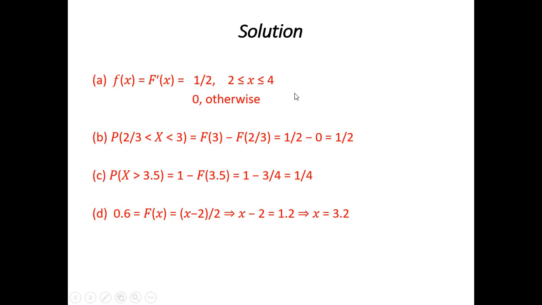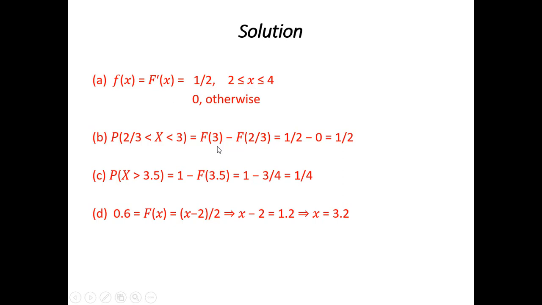To find the probability that our random variable x is between 2/3 and 3, now we have two choices. One would be to set up an integral where x is going from 2/3 to 3 and then integrate this. On the other hand, we could just take advantage of the fact that we have a CDF. So we look at F of 3 minus F of 2/3.